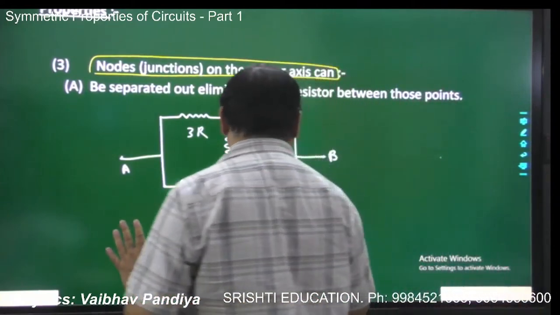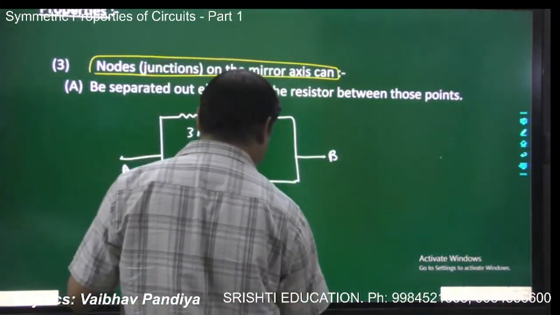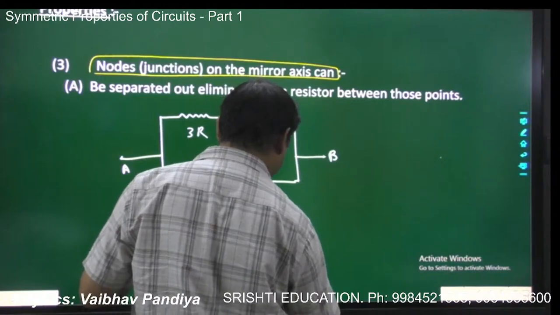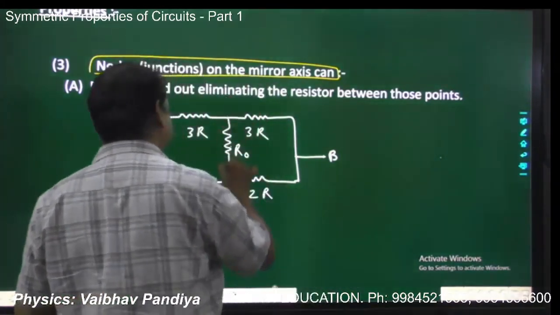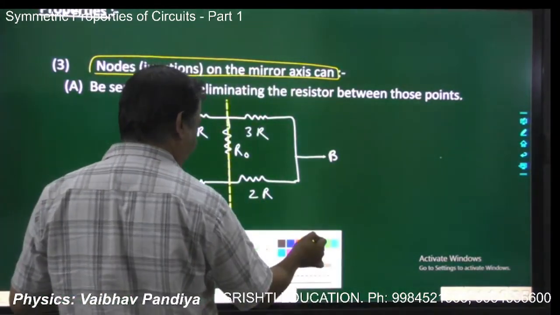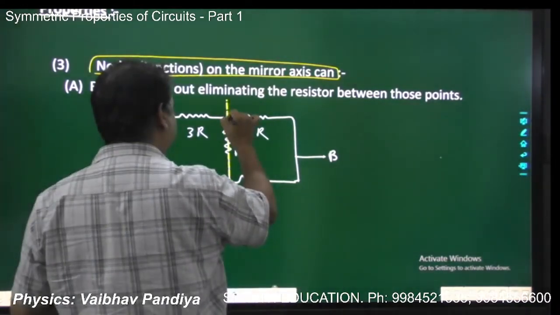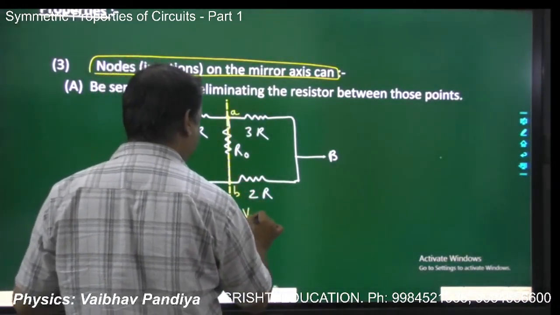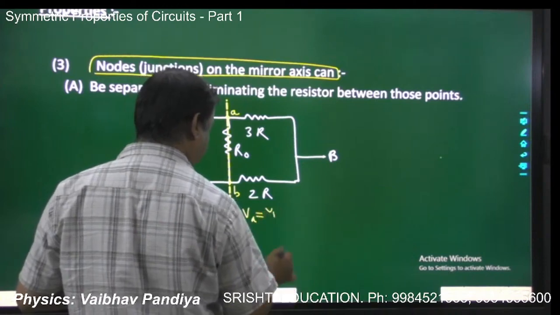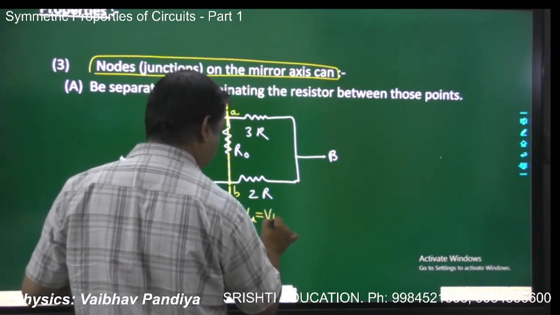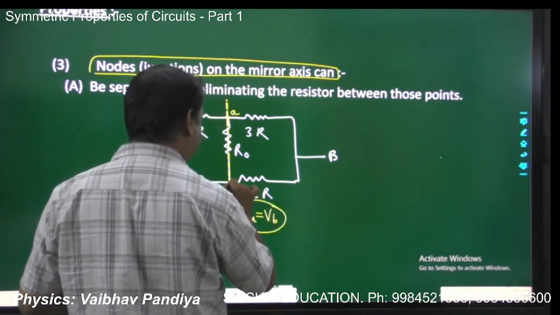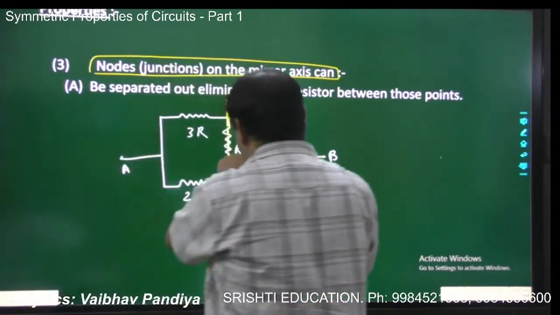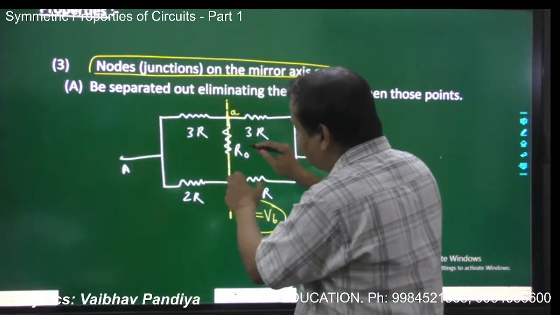So when they have the same potential, we have seen in this circuit, this is the mirror axis. And if this is the mirror axis, then we have seen this point A and this point B are at the same potential, correct? So if they have the same potential, this resistor which is between these two points is ineffective.